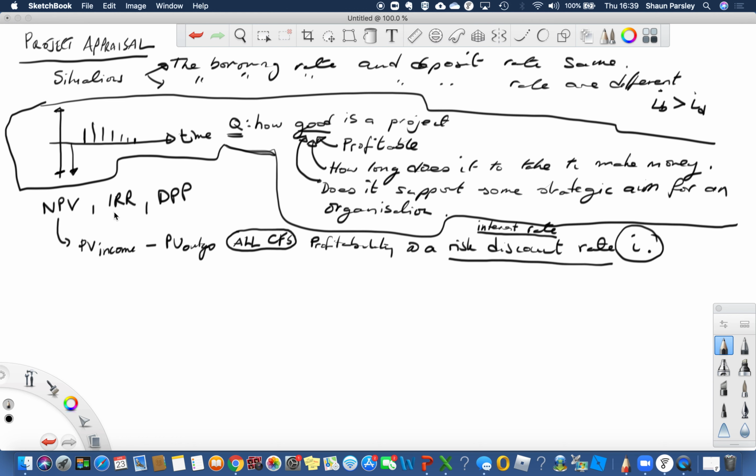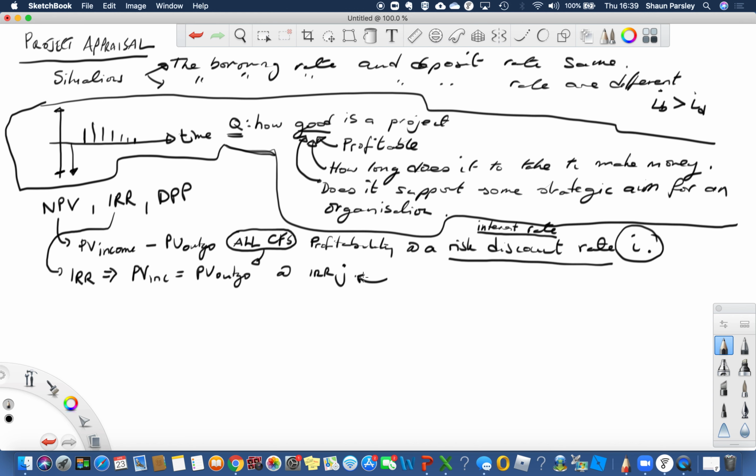Next thing is the internal rate of return, and this is, so I just changed that because I put an equal, but that's not helpful. This is the present value of income equals the present value of outgo at the IRR, and we'll just call that J. So you can see that you equate all these cash flows, again, so all cash flows, and you see what interest rate that holds at.